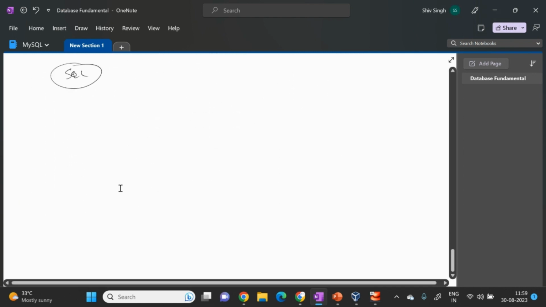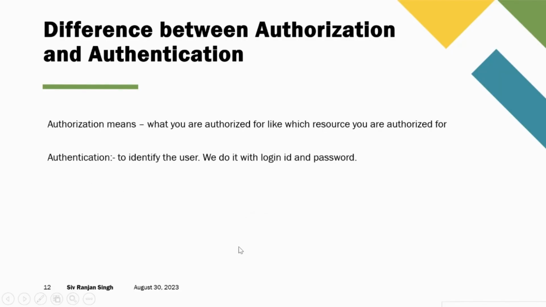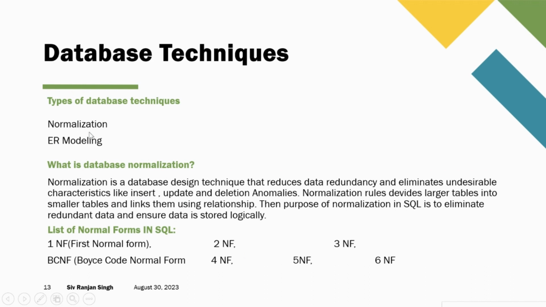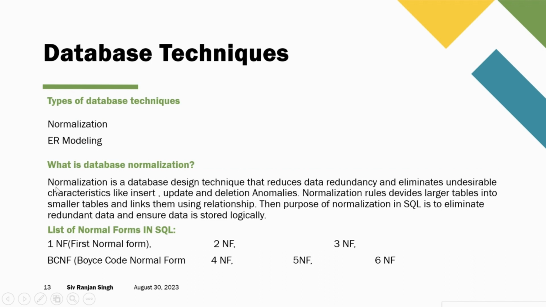Now we'll come to database techniques, like normalization and ER modeling. First I'll talk about how you are designing your database. There is also some technique, so I'll not go deep into it.